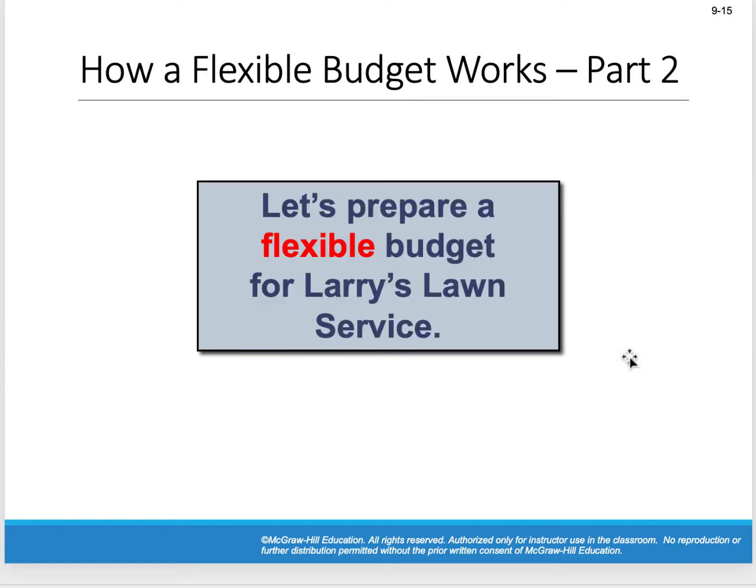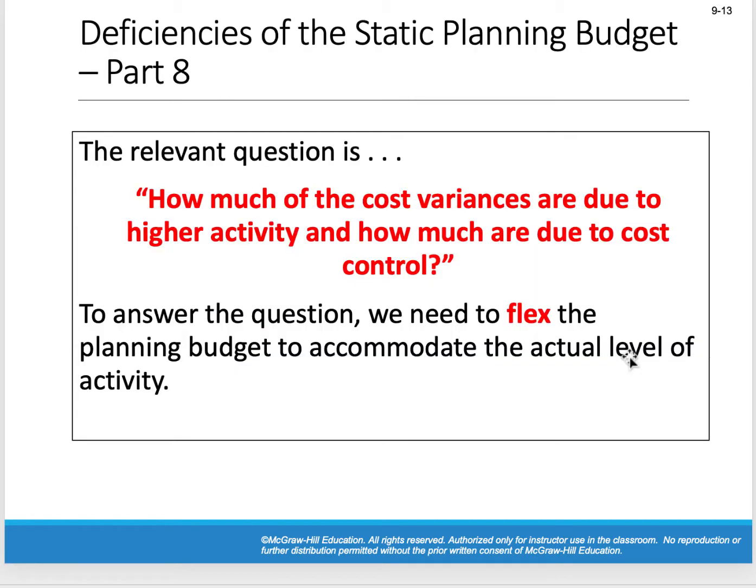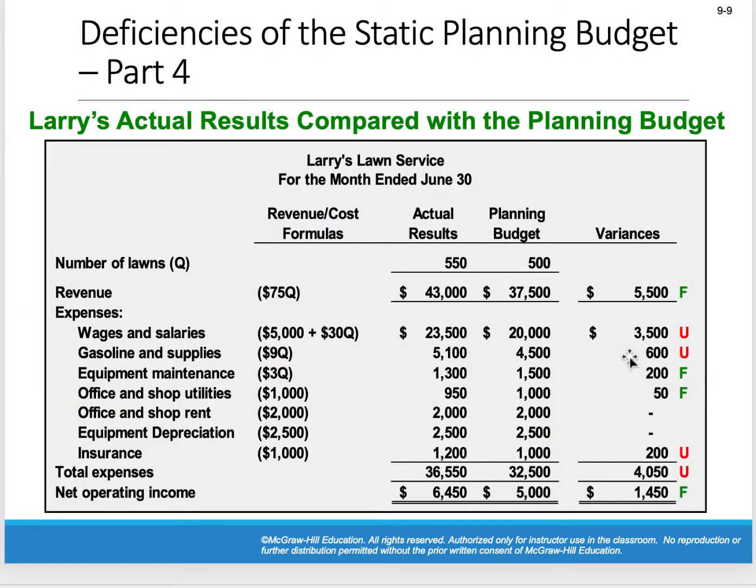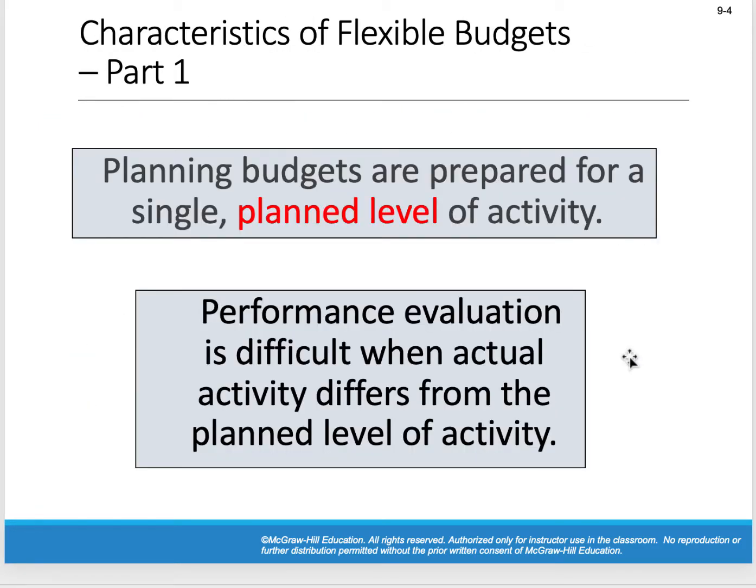Okay, so knowing that, we can prepare a flex budget for Larry's lawn service, but we're not going to do that in this video. We're going to come back in the next video, or our second video, and look at how we prepare that flex budget, okay? So real quick, some important takeaways of what you should know, right? We have the planning budget.